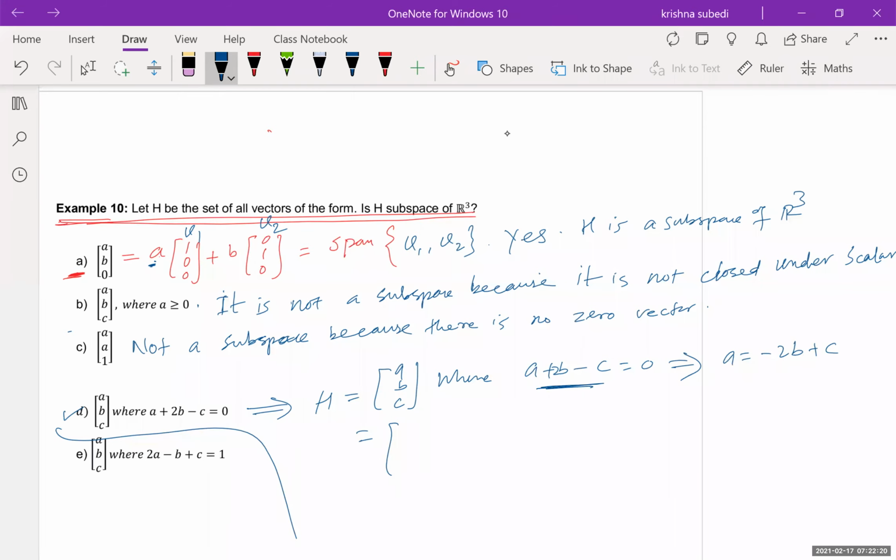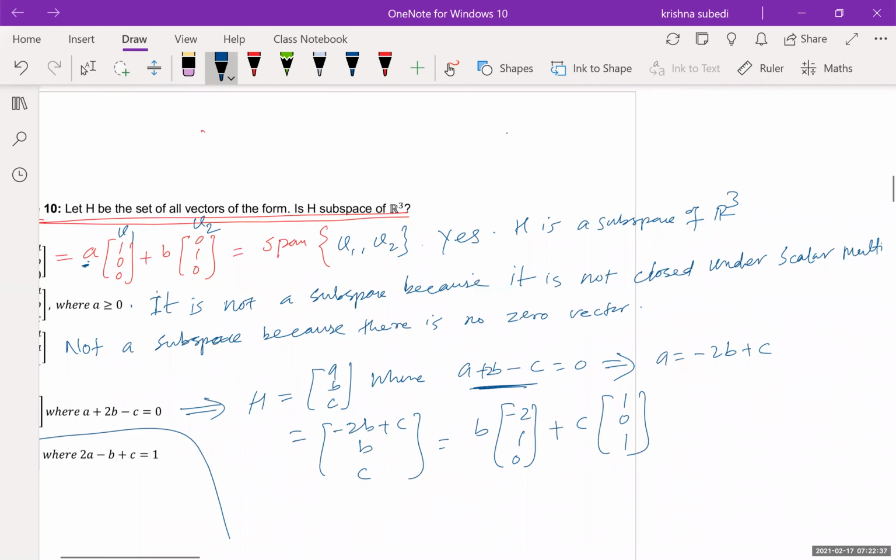As you can see, the condition is given there. I'll write negative 2b plus c there, which can be written as b times (-2, 1, 0) plus c times (1, 0, 1).